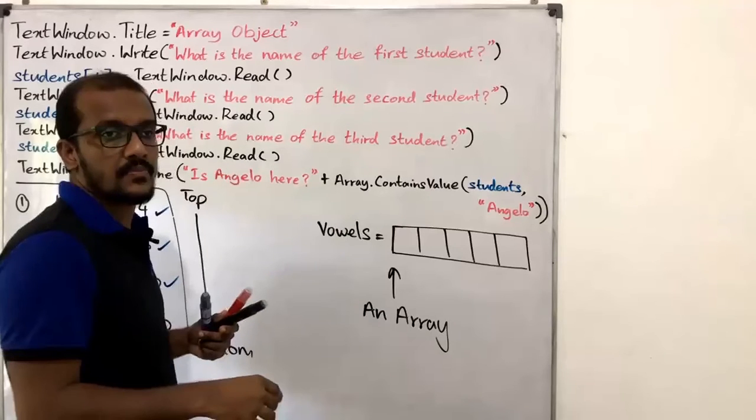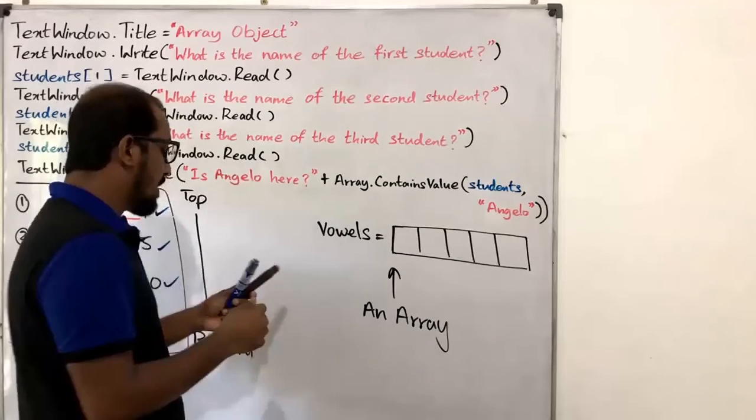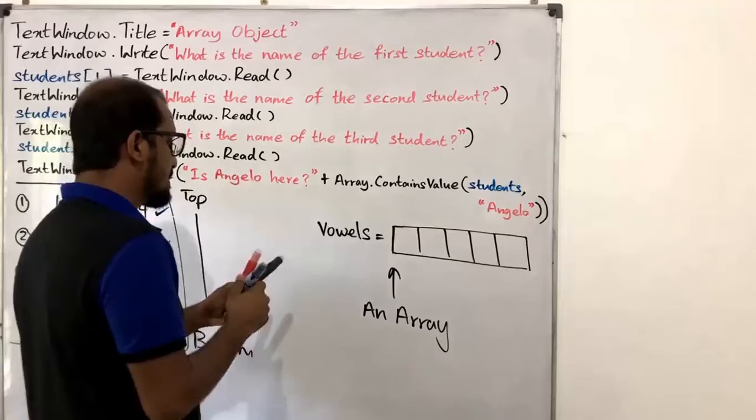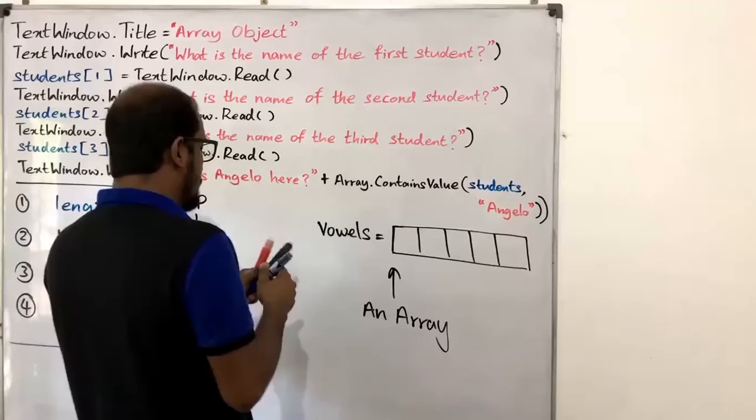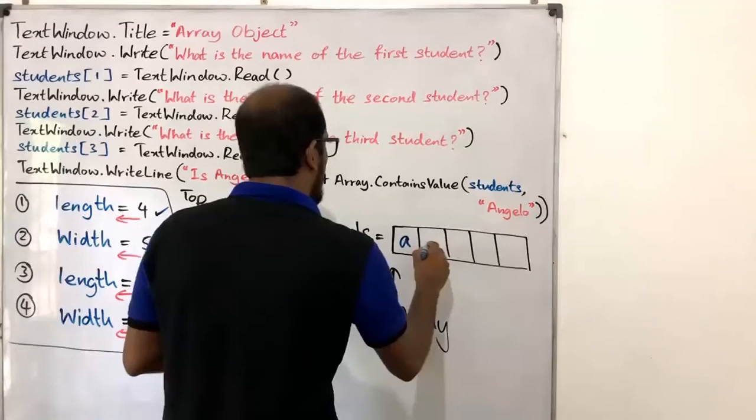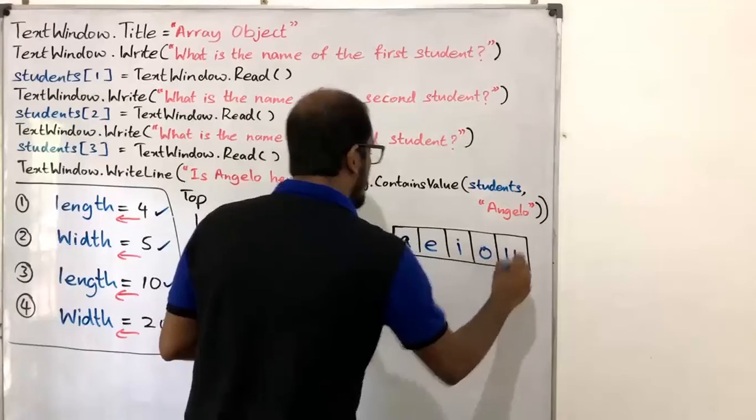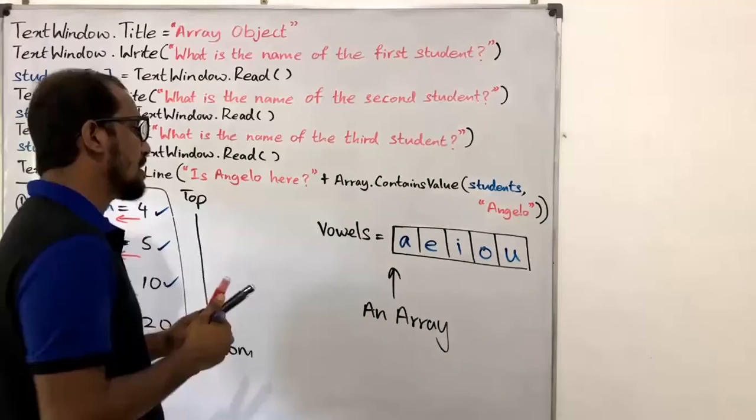So what are the vowels? Vowels are A, E, I, O, U. So there are 5 values.